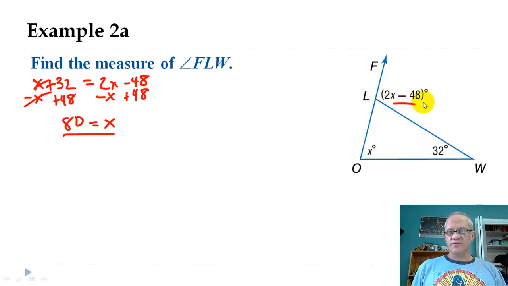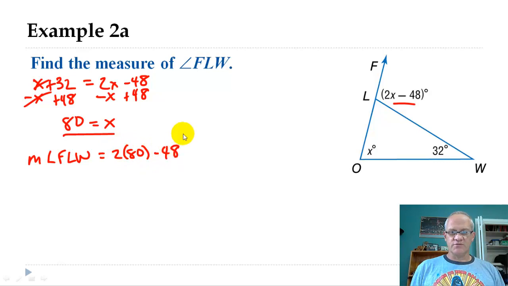So we're trying to find the measure of this angle right here, okay? All we have to do is plug that back in, so the measure of angle FLW would be 2 times 80 minus 48, and it looks like we get 112.